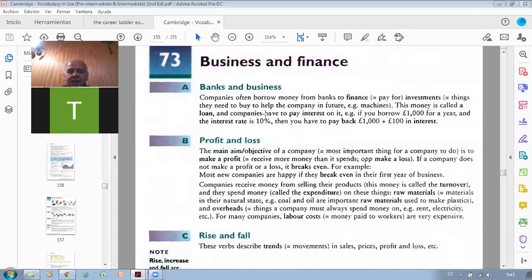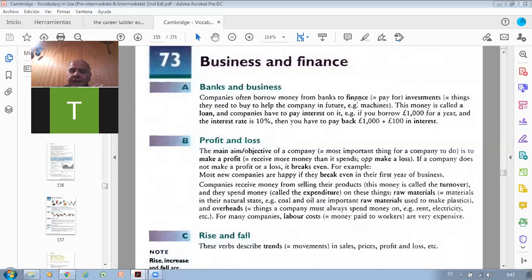Okay. So you borrow money from banks first to finance. When you need money, you usually need it to finance something, meaning to pay for something, to pay for investments. Investments are things that you need and you buy. So you invest money.